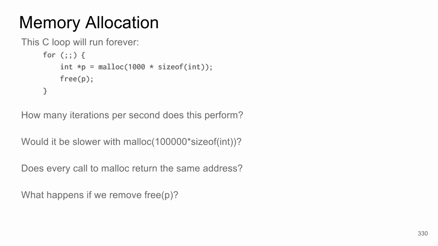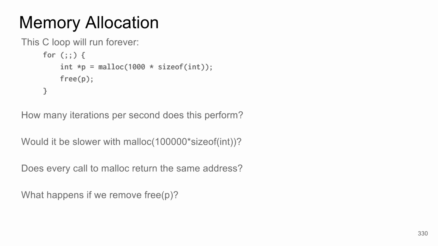We saw that it would actually run faster if we changed the size we were allocating to 100,000. Actually, we didn't look at this, but I told you that every call to malloc in this scenario will return the same address, because it's just going to keep using the same block of memory, because we allocate it and then immediately free it. So how malloc works is it keeps on using that same block of memory and giving it back to us.